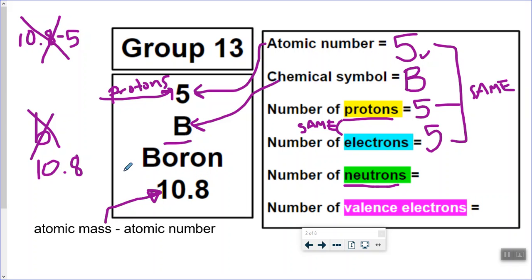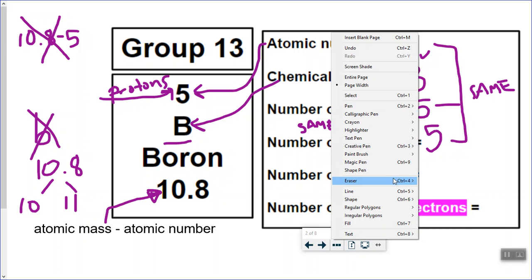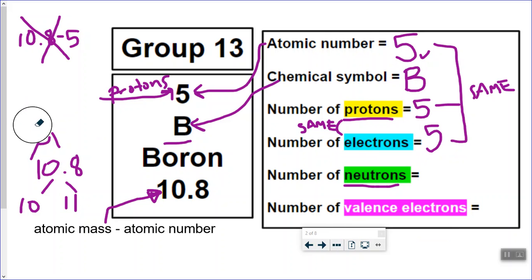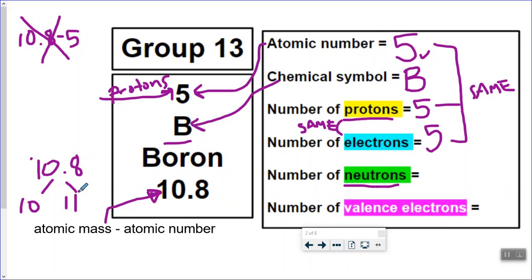Tienes que encontrar el número más cercano a 10.8. So is 10.8 closer to 10 or is 10.8 closer to 11? 10.8 es más cercano a 10 o más cercano a 11. Okay? The correct answer is it's closer to 11.